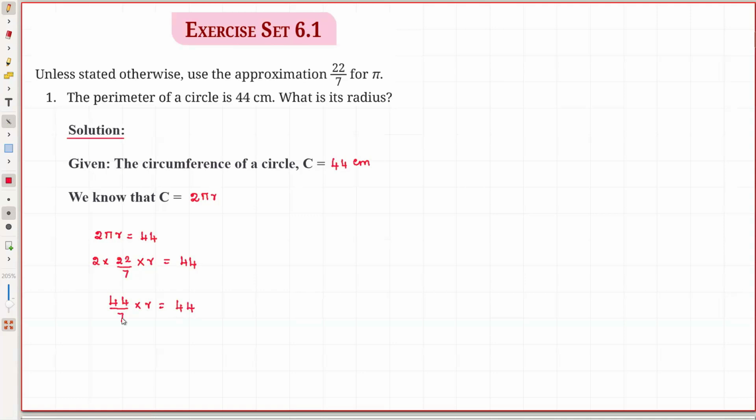Now take this 44 by 7 to the other side. When you bring it across, division becomes multiplication, so it becomes the reciprocal, 7 by 44. I can cancel 44 and 44. So now the radius is equal to 7 centimeter.